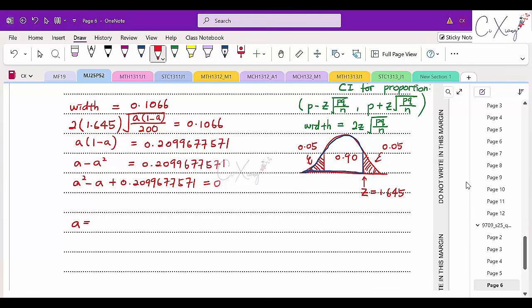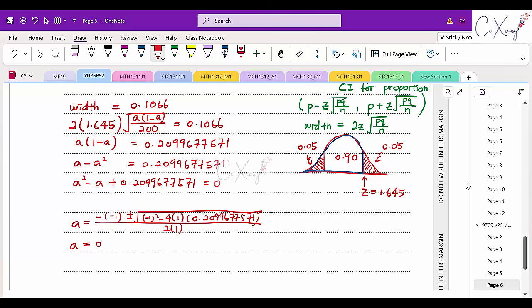Alright, so we are having negative B plus minus square root of B squared minus 4AC, then divided by 2A. Right, then you just need to make sure that you do a little bit of calculation. You'll get two values of A here.